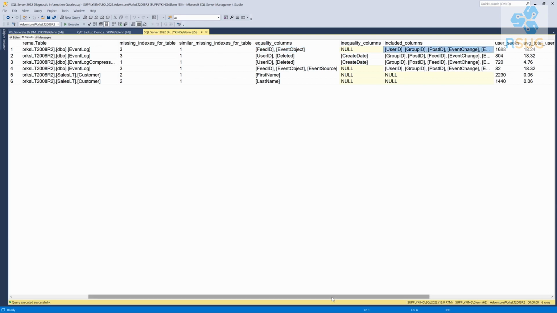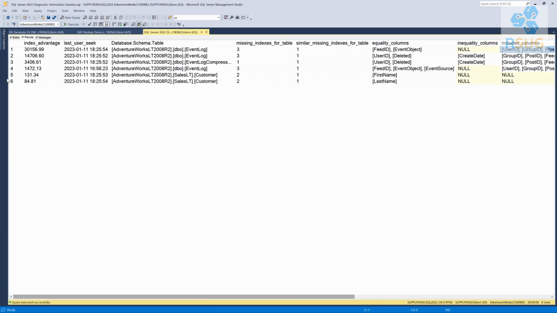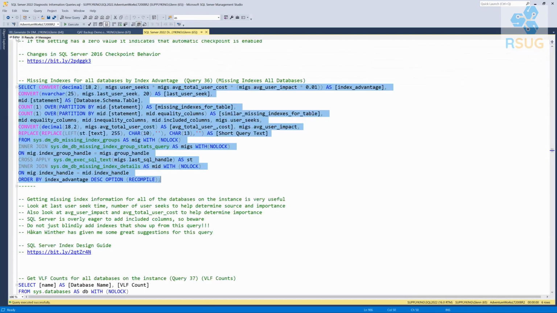So that's how you a little bit more intelligently use this. But the one thing you should not do is just lose your mind and run this and create 100 new indexes. Usually that's not the right thing. Usually I run this on a database and create 2 or 3 indexes at the most in most cases, and then go and check it later and see what else I have to do.